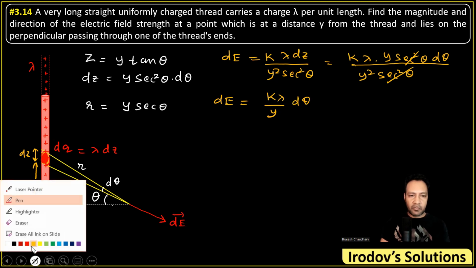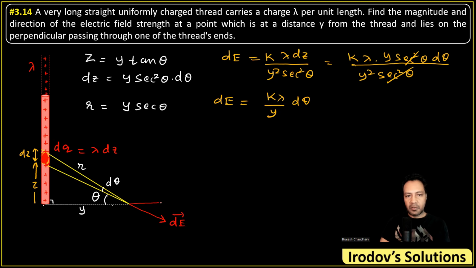And now this electric field will have some x component and some y component. The x component means the component perpendicular to the wire, and the y component means the component parallel to the wire. So this is dEx, let me write, and this is dEy.